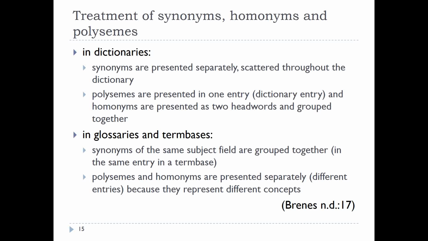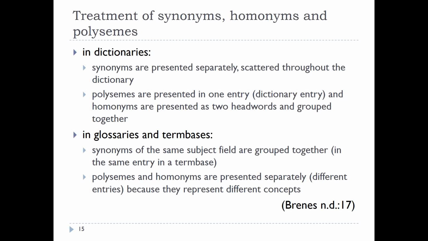So what we saw in the dictionaries we looked at was that synonyms are presented separately, falling wherever they do in alphabetical listing across a dictionary. Okay, so synonyms, two words meaning the same thing, but not belonging to the same entry.